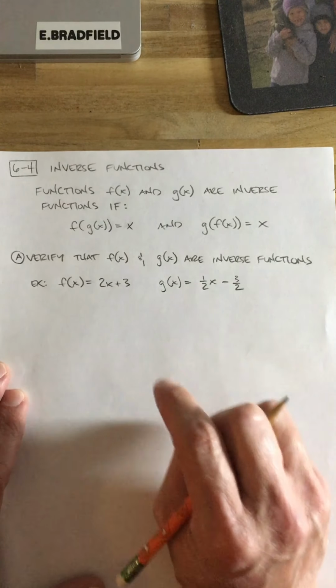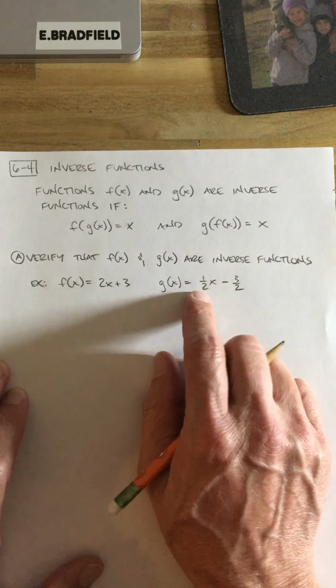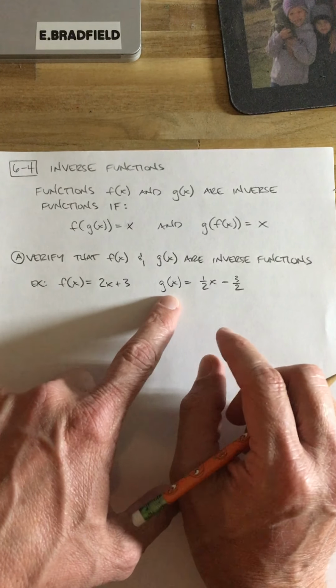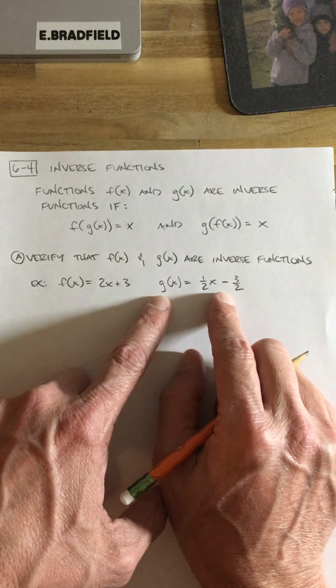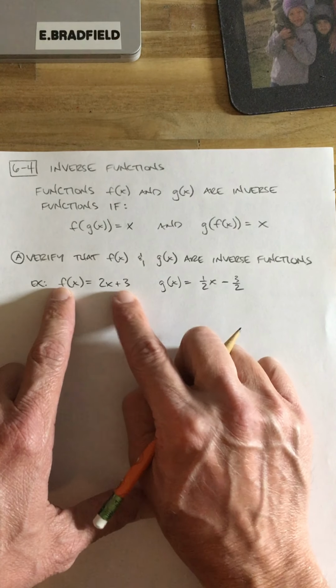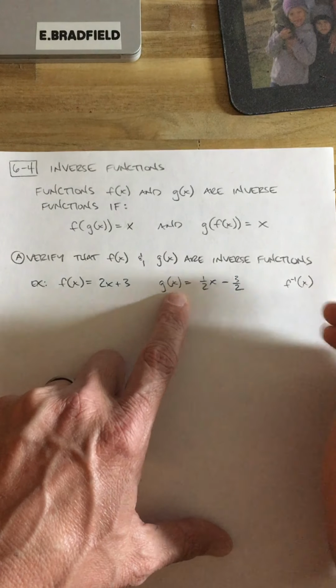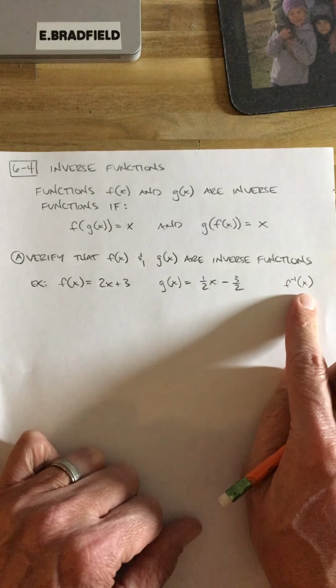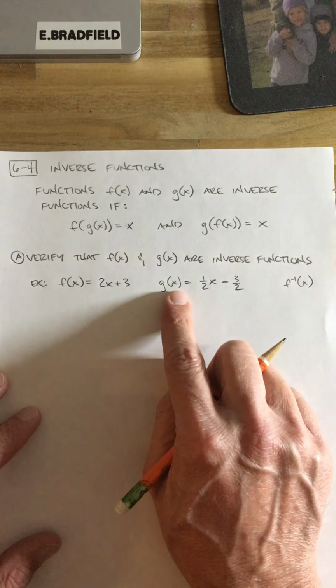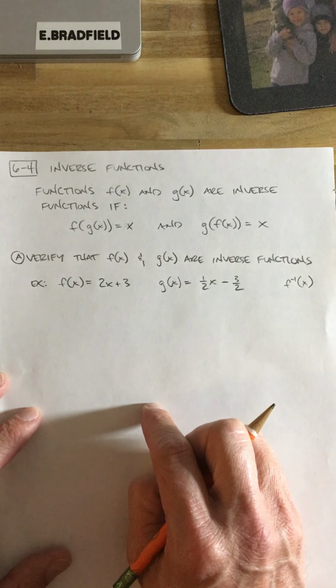I'm just going to tell you it's f of x, g of x, okay? Another way to write it, if this really is the inverse of this function, you would call it f inverse of x, okay? That's really what you would call it. In this case, I'm just going to call it g of x, okay?